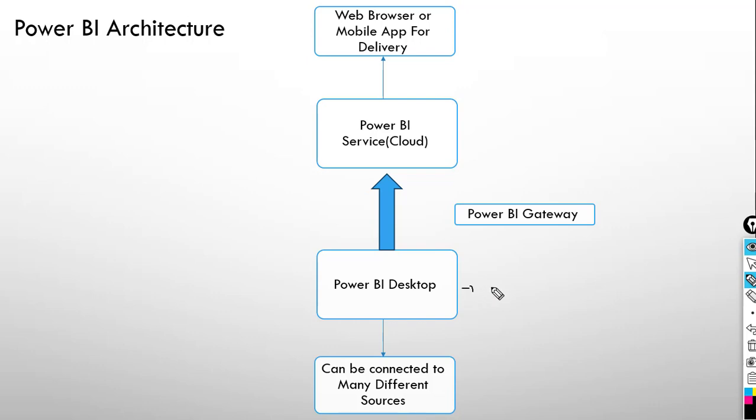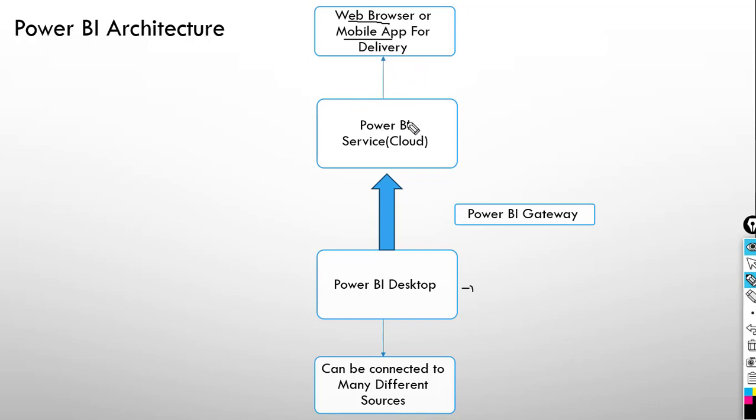Once your visualizations are created in Power BI Desktop, then you publish your reports to the Power BI cloud. Once the reports are published to the Power BI cloud, then you can share the reports with the clients or end users using either a web browser or mobile app. That is why I have written here web browser or mobile app for delivery.